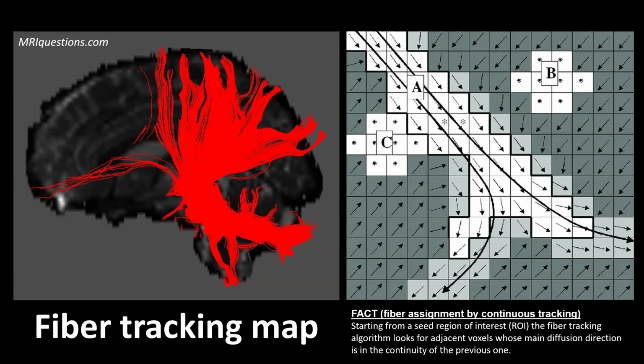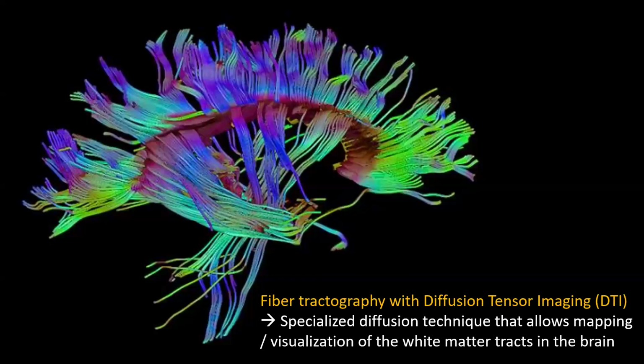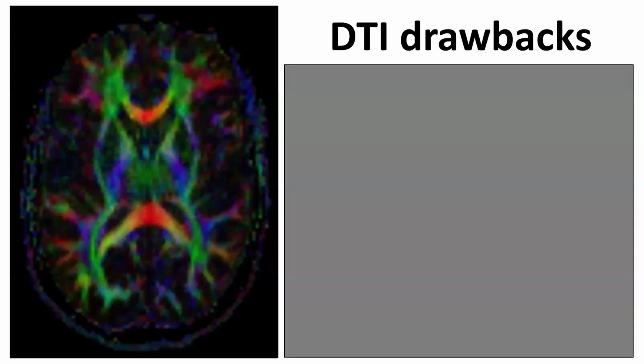It's based on the assumption that if you do that, you will track a certain white matter tract or bundle. And then you get images like these, which are very nice, but in the end also based on an assumption and a mathematical model. So it's not a direct visualization of the white matter, it's what we think it is based on the calculations of the diffusion values of the brain.